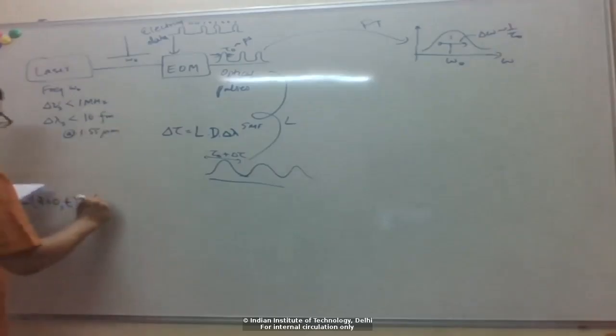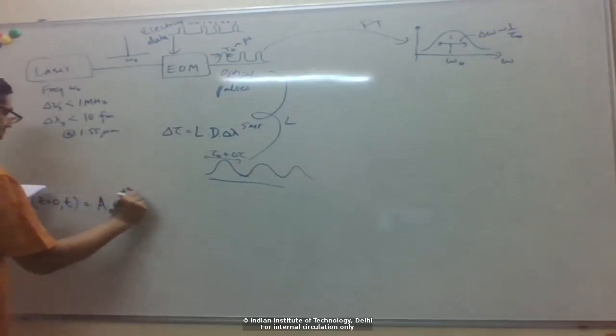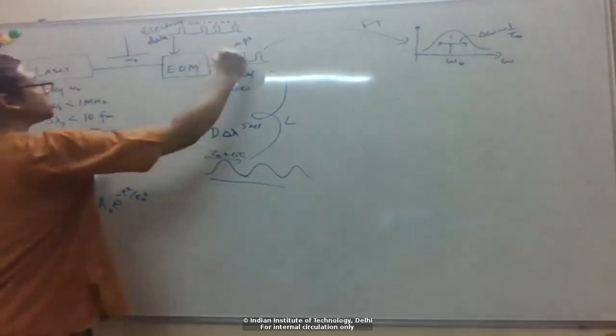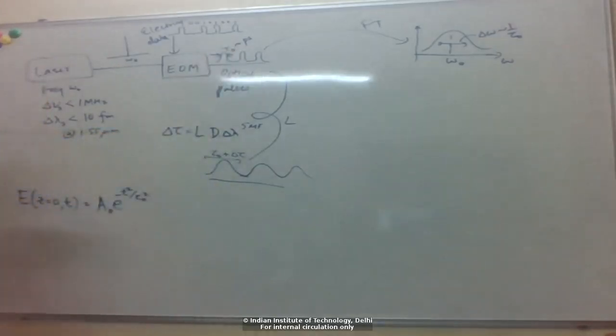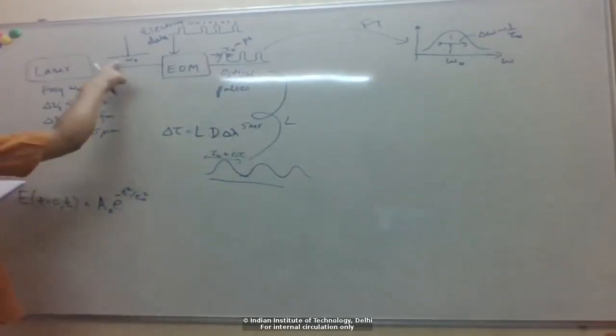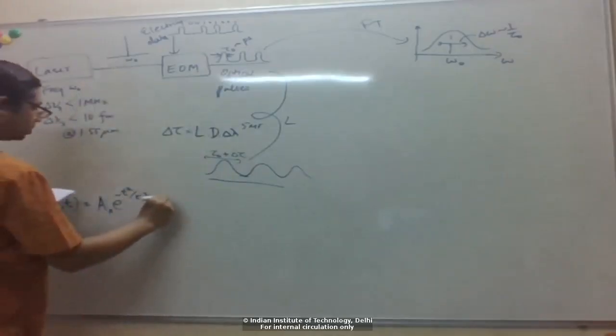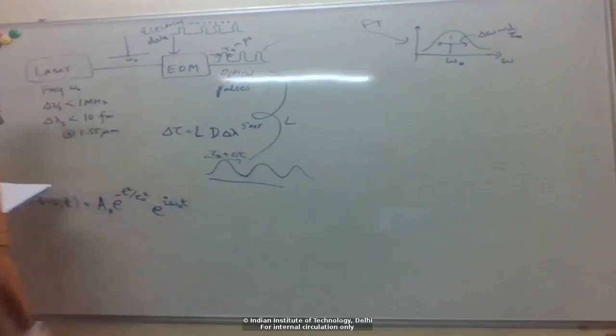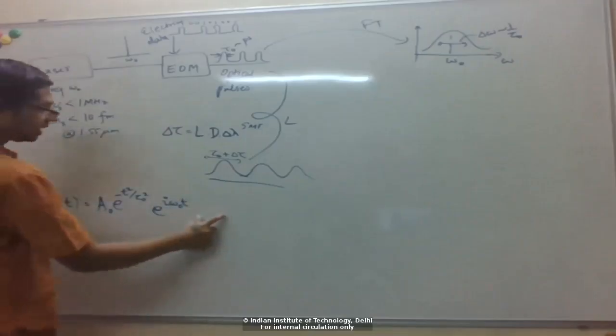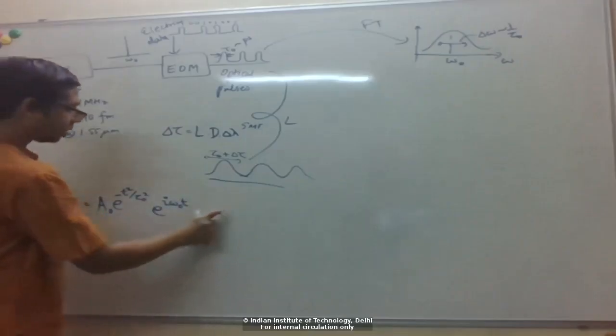Let's assume the pulses have some Gaussian envelope, and the carrier frequency here is omega naught. We don't have the phase fluctuations that we talked about last time.